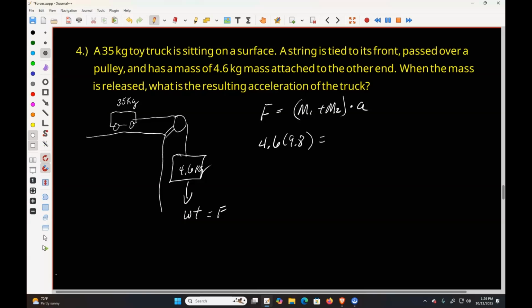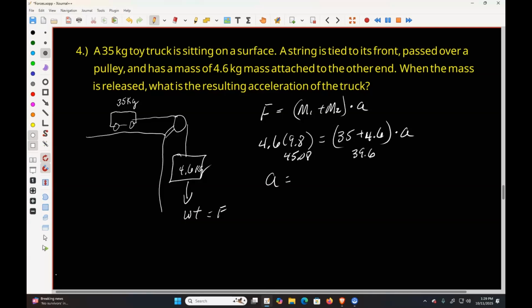So the mass of two objects will be 35 plus 4.6 times A. So A is going to equal, I think this is 45.08, and this is 39.6.